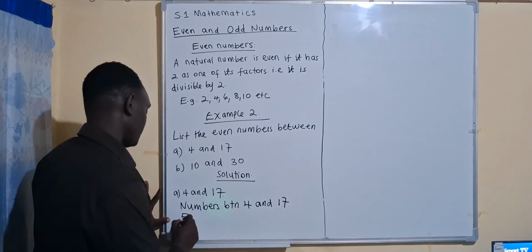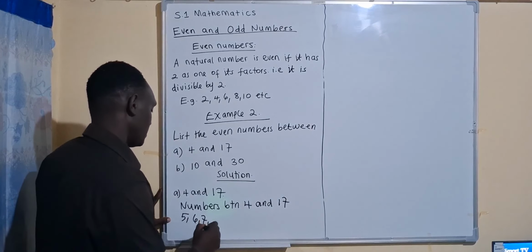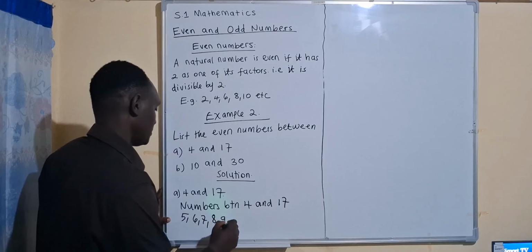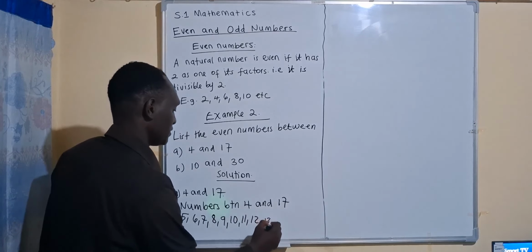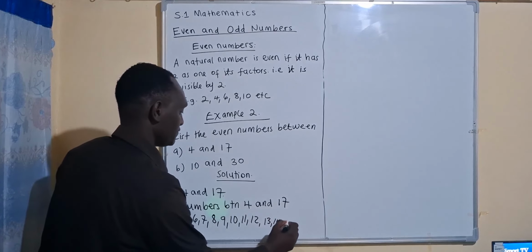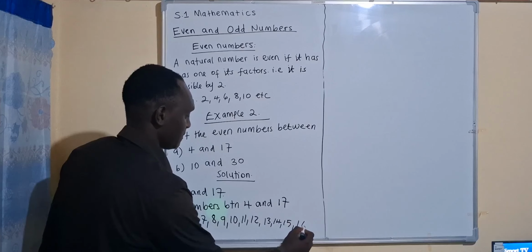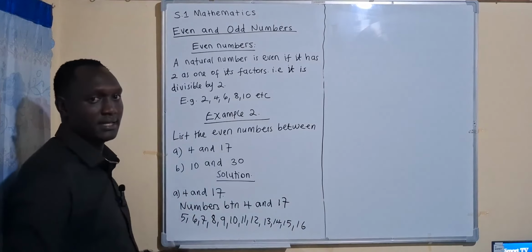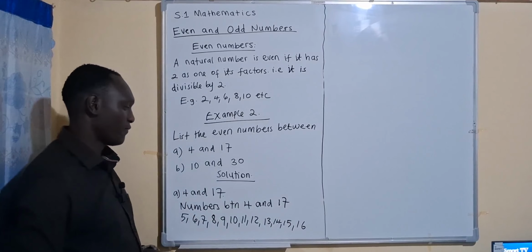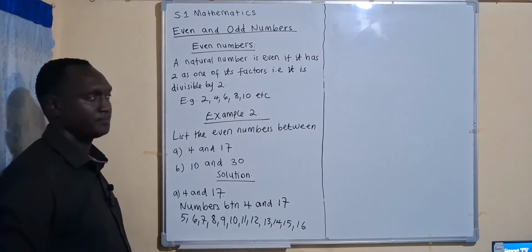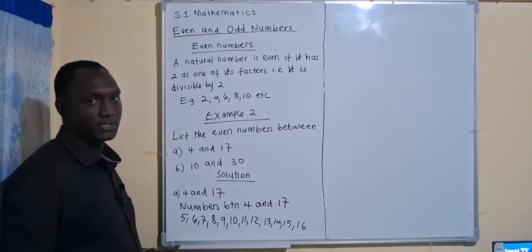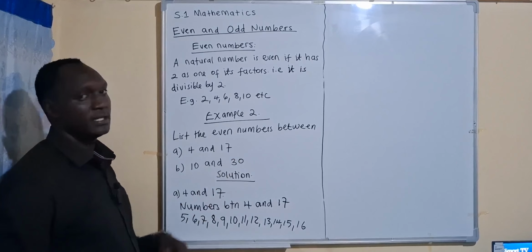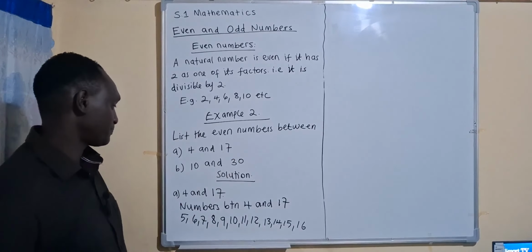So, we shall have 5, 6, 7, 8, 9, 10, 11, 12, 13, 14, 15, and 16. These are the numbers that are between 4 and 17. Note that 4 and 17 are not inclusive. They are not part of the between term.